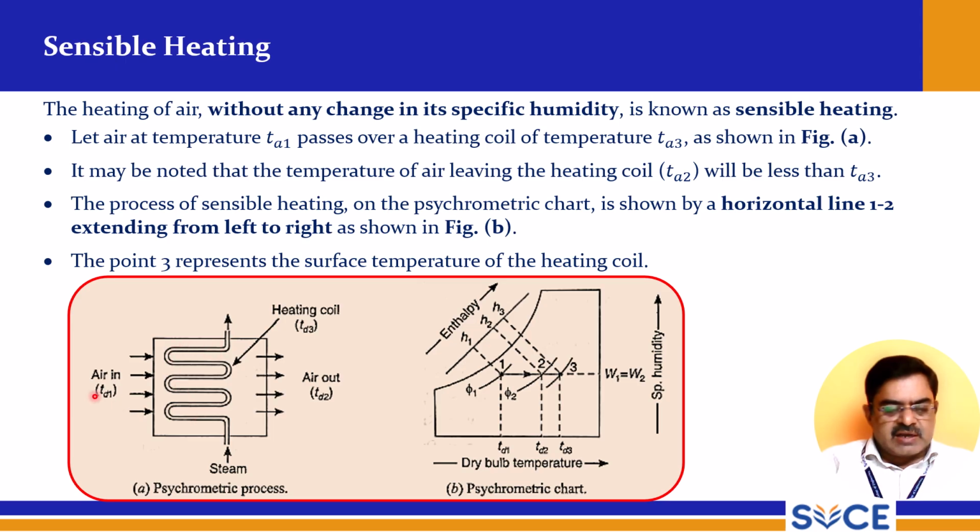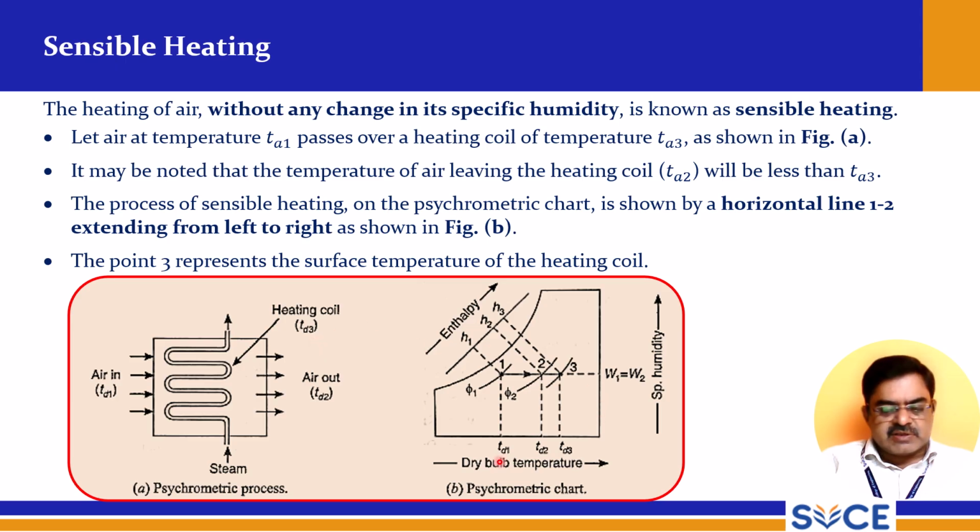Here the air is in, so that is Ta1, and air is out, that is Ta2. And steam in and steam out. So this is the heating coil, that is Ta3. Ta3 is obviously greater than Ta2 as well as Ta1.